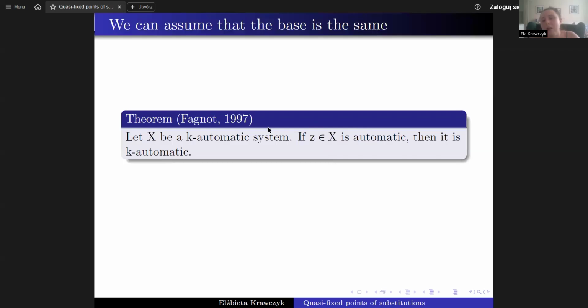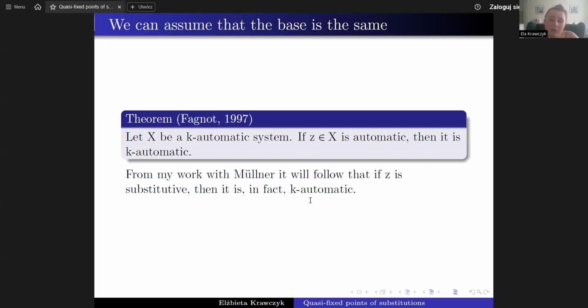So in general, if the sequence is periodic, then I know that it's k-automatic with respect to any base k, and the hard part is to take care of the rest, which is what this theorem does.